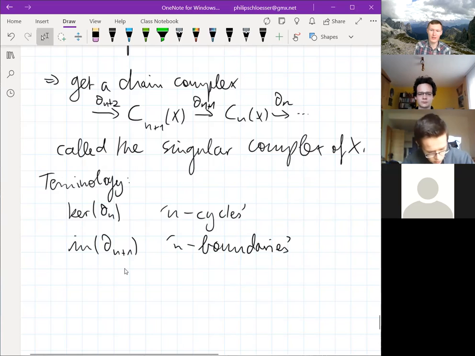And then we can get our homology groups of that singular chain complex.